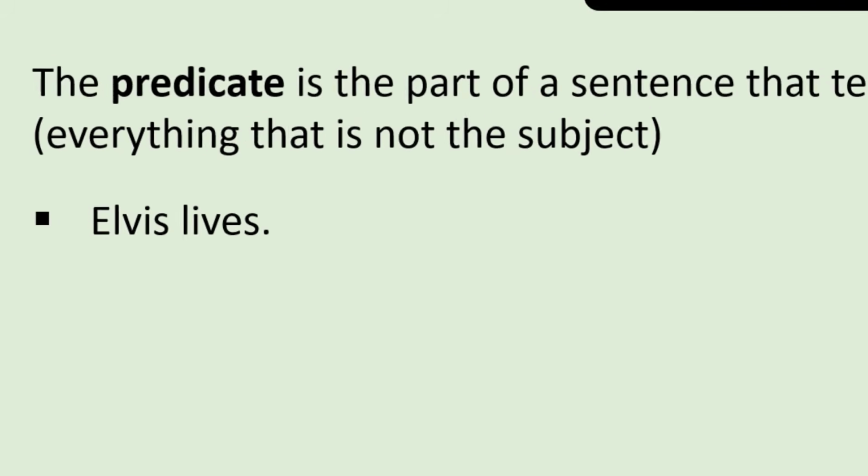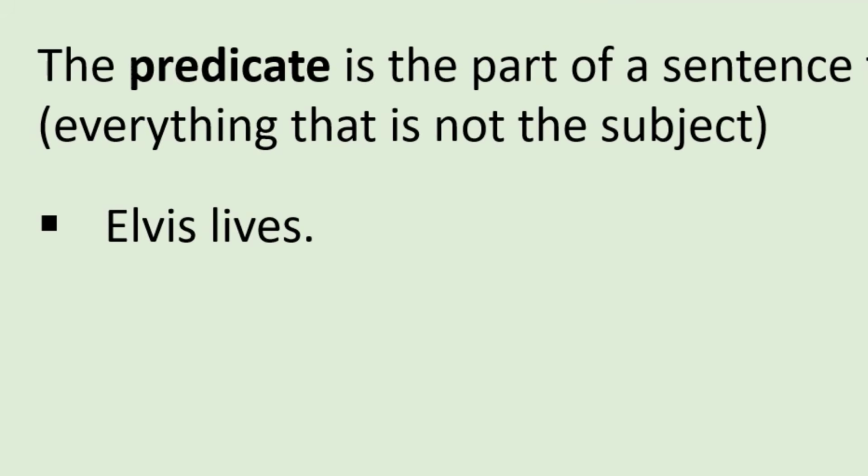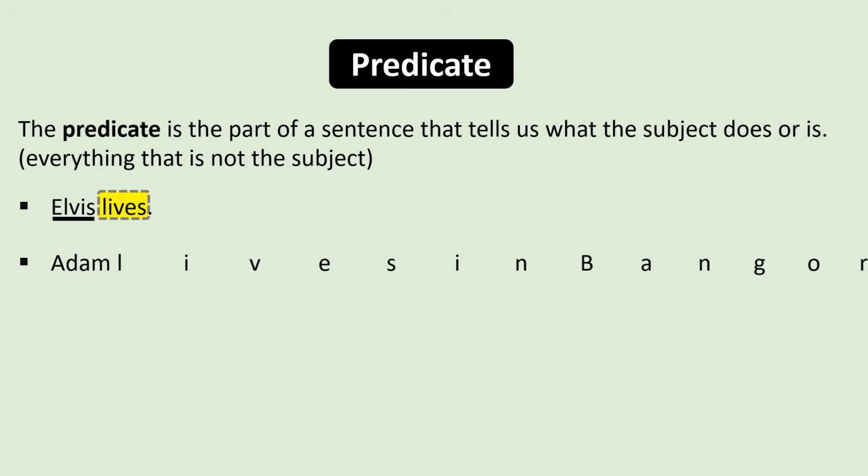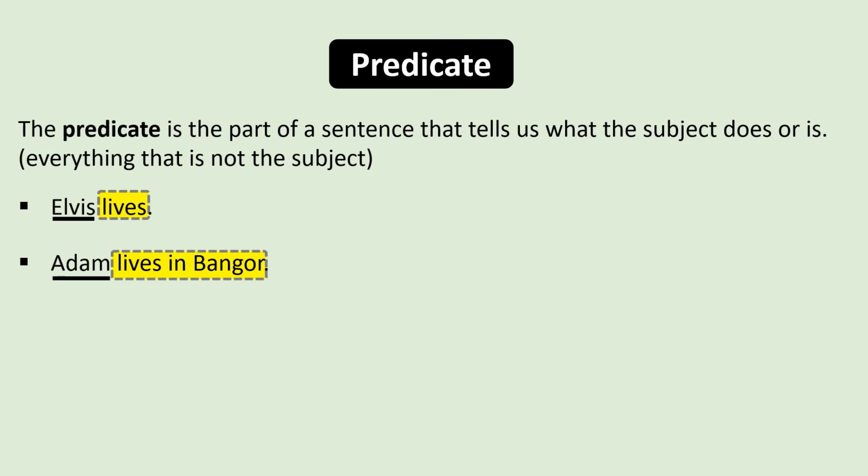So here's an easy example. Elvis lives. Well, Elvis is our subject and lives is the predicate. It tells us what the subject does. Adam lives in Bangor. Well, this is our subject, so this is the predicate. The telegram contained exciting news.